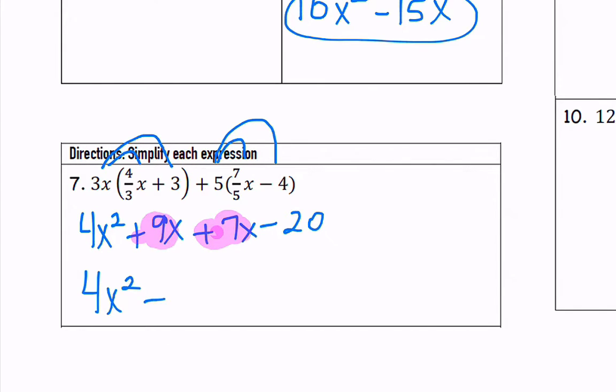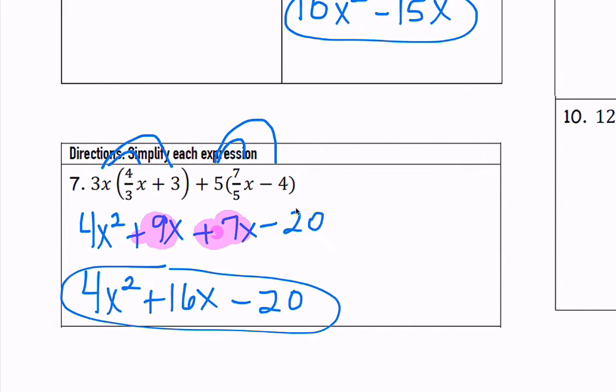So it's going to give me a positive 16x. And then here's my constant, the regular number. There are no other regular numbers, so that minus 20 just drops. Okay, I know I am done because I have x squareds, I have x's, and I have constants, the regular numbers. All of these are different, so I can't combine them.